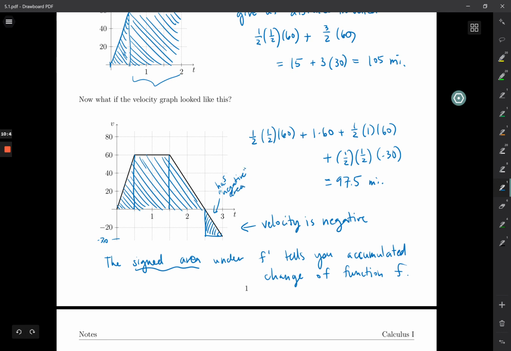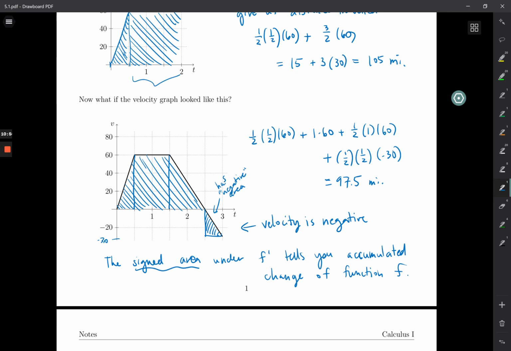So we think of this as having negative area, even though that's not something that we usually do. In this case, because it does work out to give us the accumulated change, this is how we're going to treat these things.